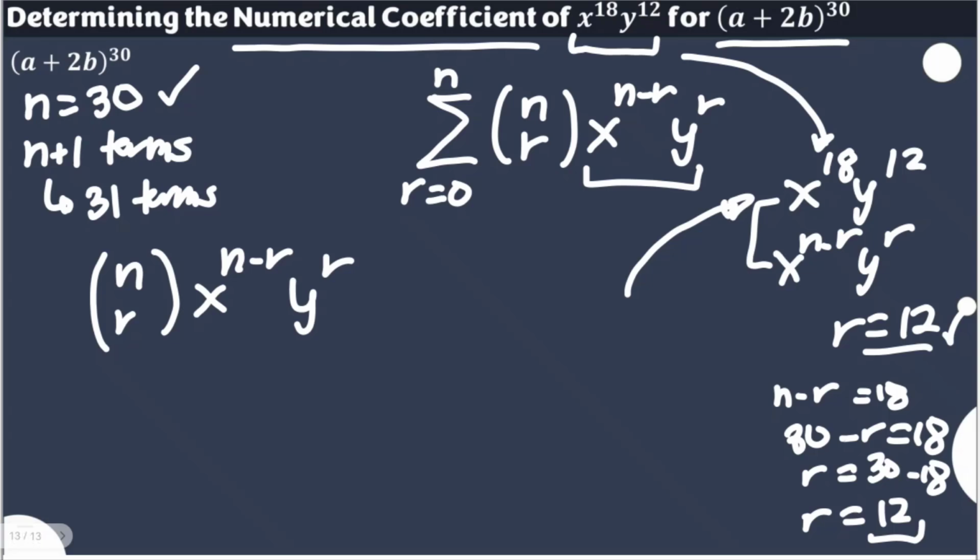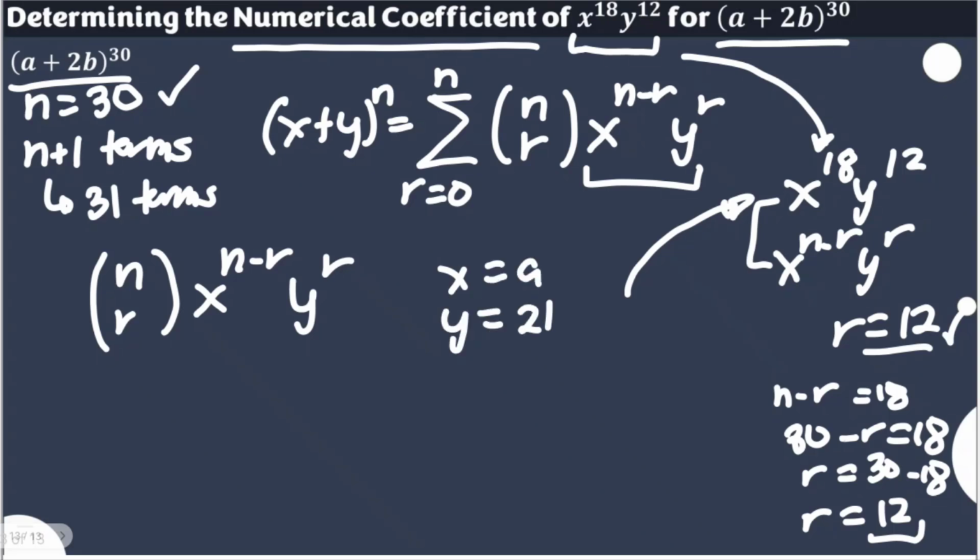But take note, this formula is the expansion for x plus y. For our given, a plus 2b, our x is actually a, and our y is twice b. That would mean we'll be subjecting the numerical coefficient of b, which is 2, together with the exponent of r, not just b alone.